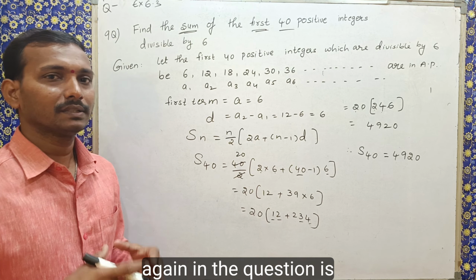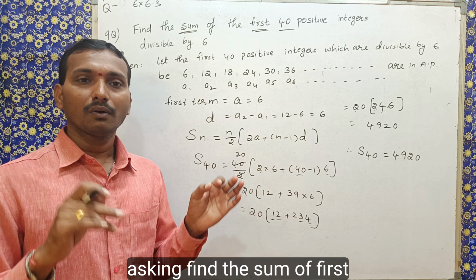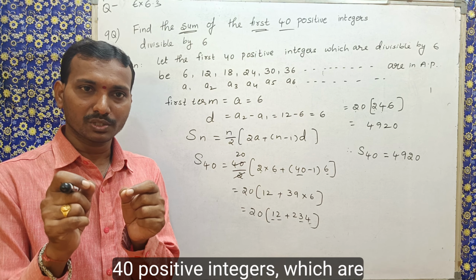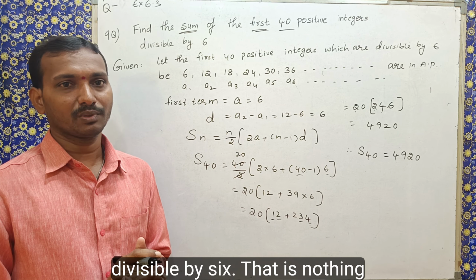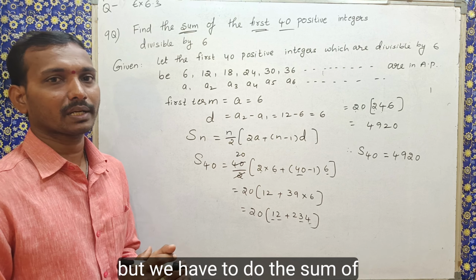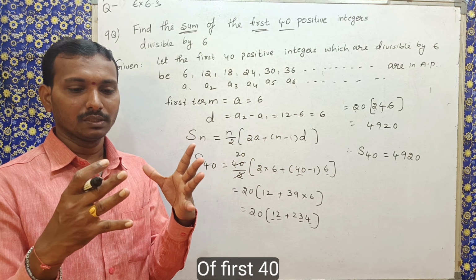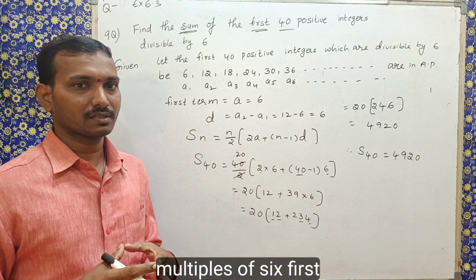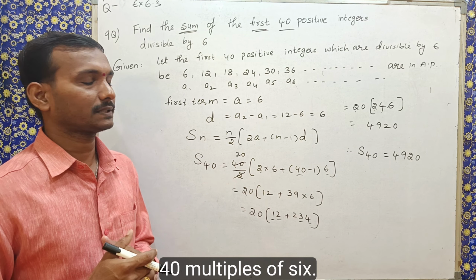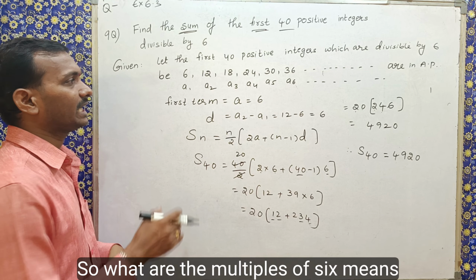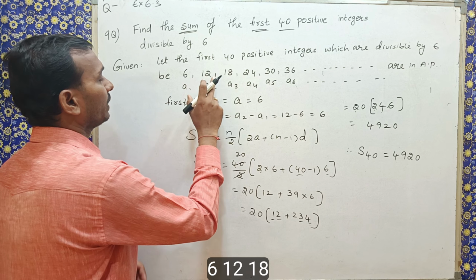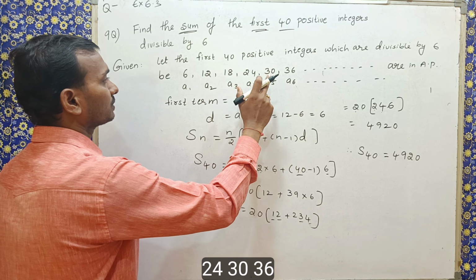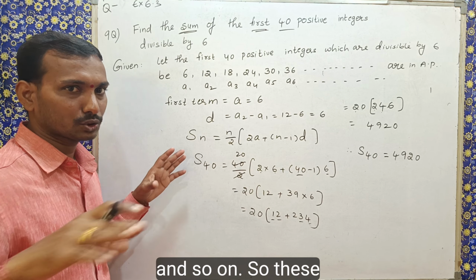Just see once again. The question is asking, find the sum of first 40 positive integers which are divisible by 6. That is nothing but the sum of the first 40 multiples of 6. What are the multiples of 6? 6, 12, 18, 24, 30, 36 and so on.